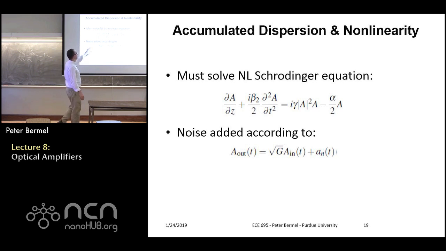The way you can treat this is, when you have this sort of equation, you can also add the noise by using this kind of term, where you take your input signal, which of course has a gain associated with it as it goes through the EDFA, plus some sort of time-dependent noise function. Of course you want this to be low, but like we said, it's not 0.